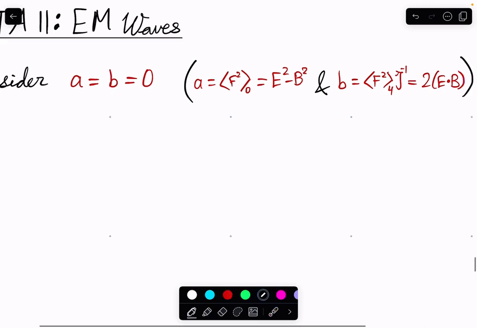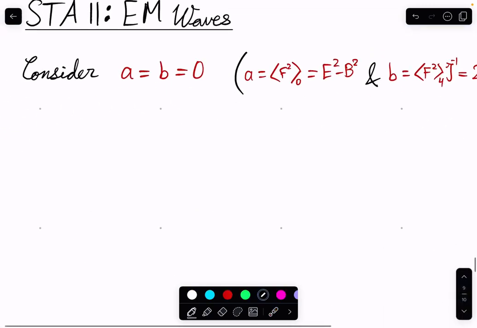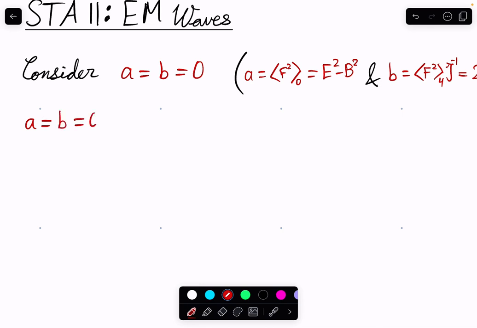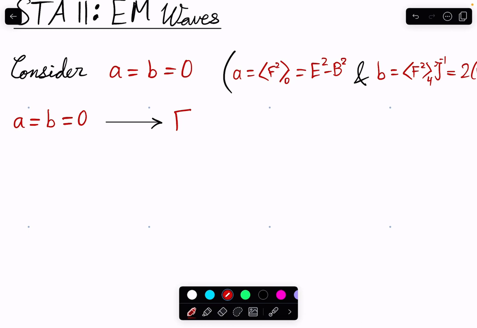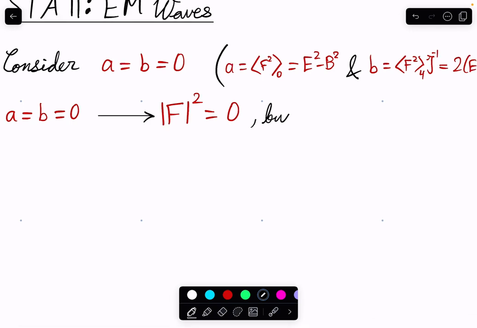So this means that if A equals B equals 0, then the magnitude of F squared is 0. But F itself is not 0.